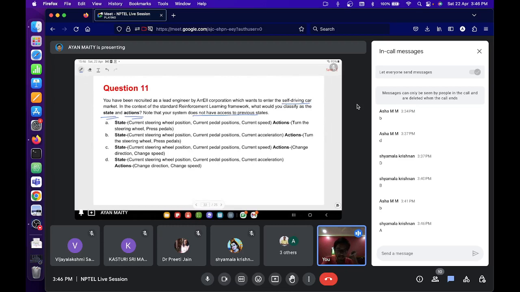Shamala Krishnan says A. Okay, so A is steering wheel position, pedal position, speed, and actions are turning the steering wheel and pressing the pedal. So anyone else?